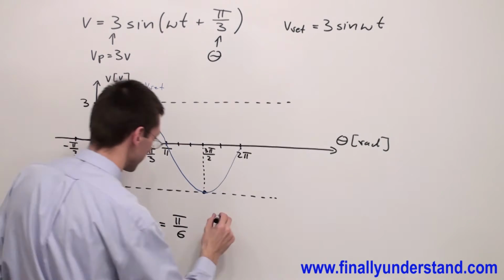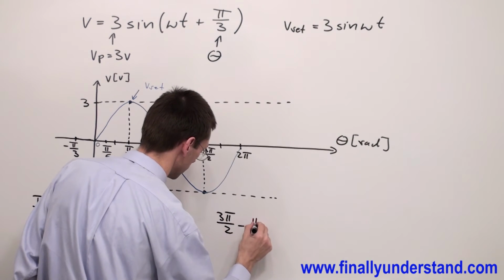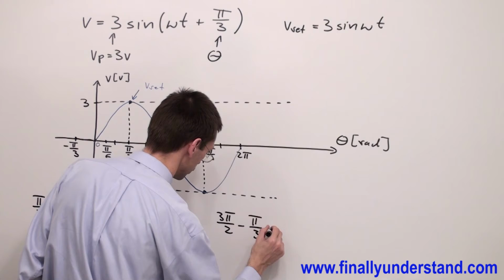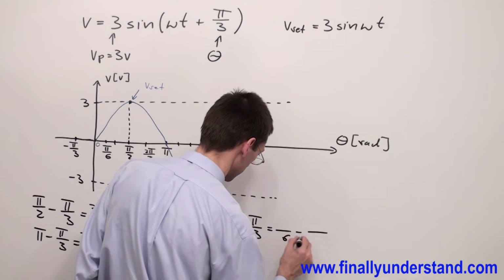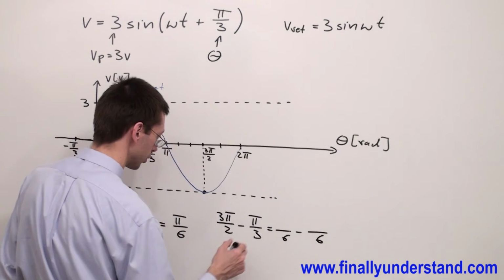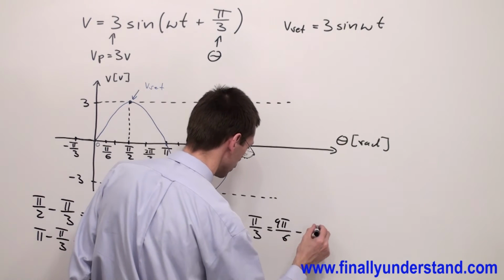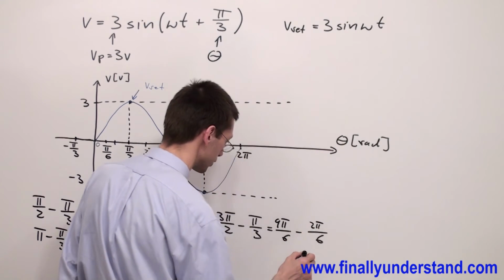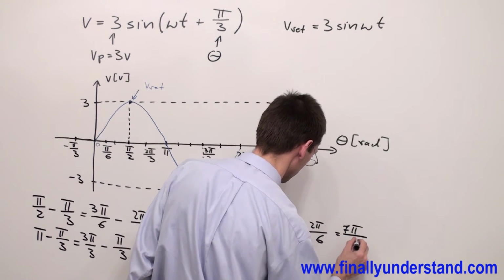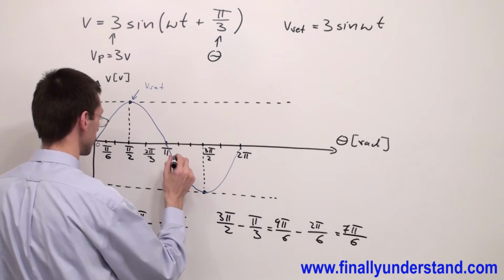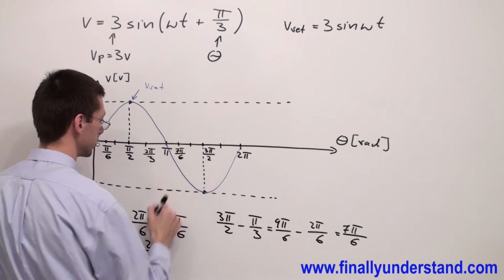This is going to be 3 pi over 2 minus pi over 3. The common denominator is 6. That's why I'm going to have 9 pi over 6 minus 2 pi over 6, which is equal to 7 pi over 6. This is going to be 7 pi over 6.